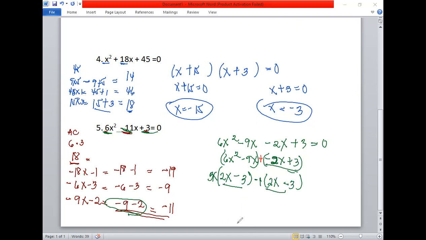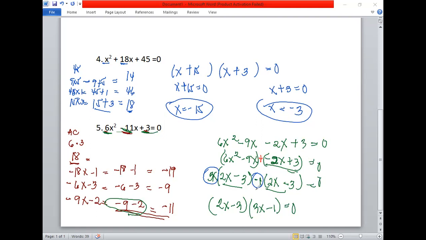Okay, so gagamitin natin siya as 1, pagsasamahin natin siya as 1. So we have 2x minus 3, and then you need to get these two factors, pagsasamahin natin siya. So we have 3x minus 1 is equal to 0. Don't forget to put equal to 0.